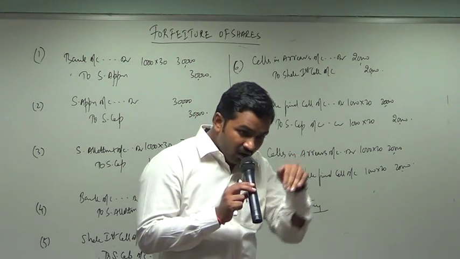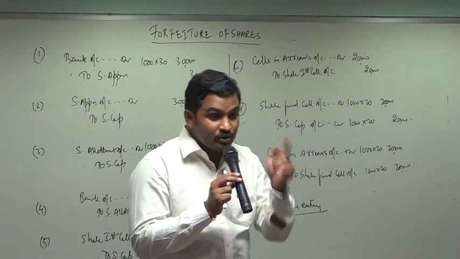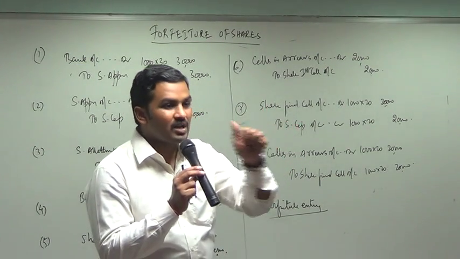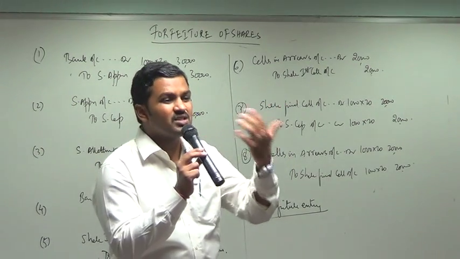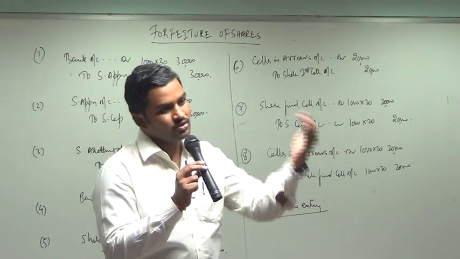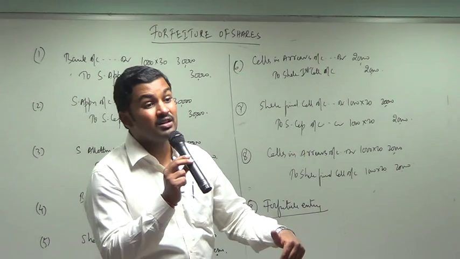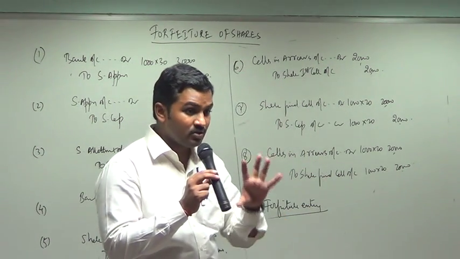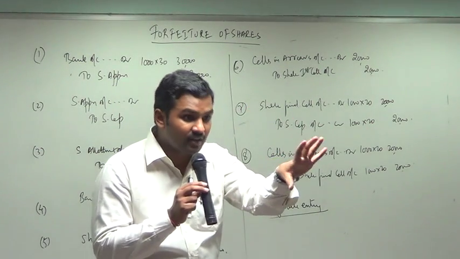My question is, if you have called 100 rupees, how much would you have credited to capital account? Out of 100 rupees, how much is face value? 100. So the entire amount would have already been credited to capital account. If you have called 100, that means you have made the shareholder a debtor for 100.